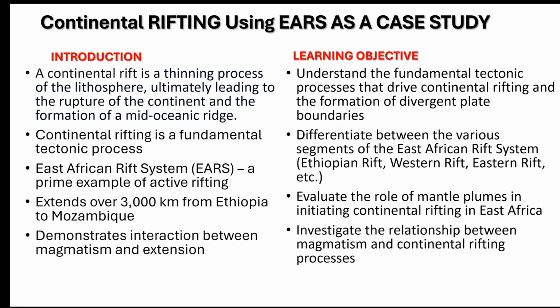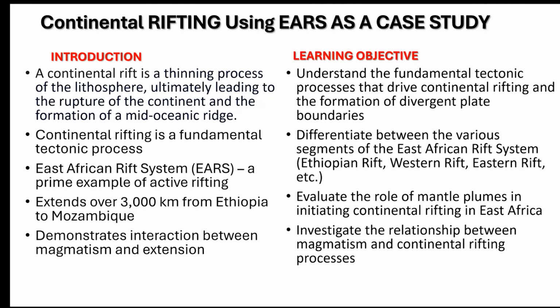For my introduction, we know that we're all sitting on continental plates, and these plates move every now and then. When these plates move towards each other, we have a convergent boundary, for example the Himalayas.